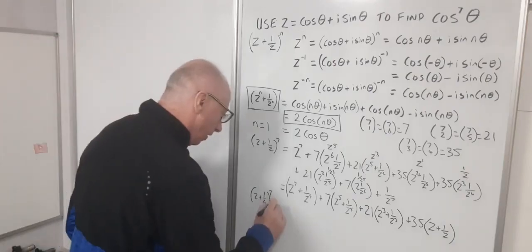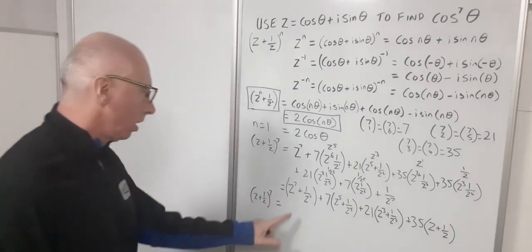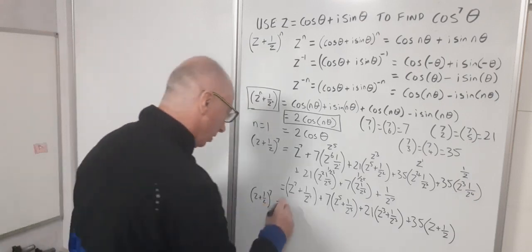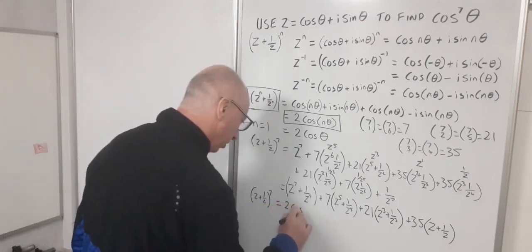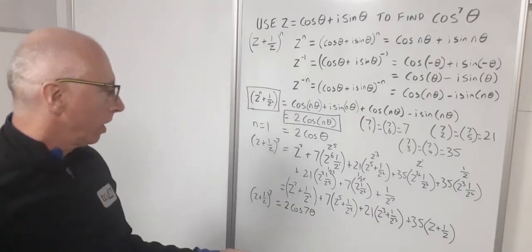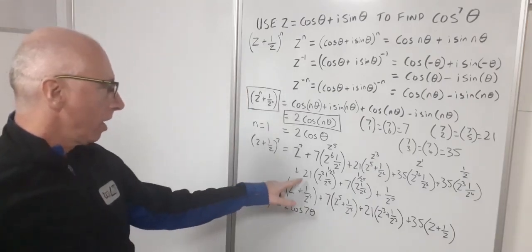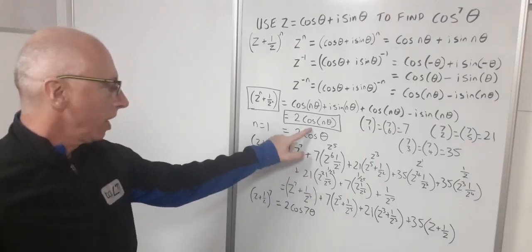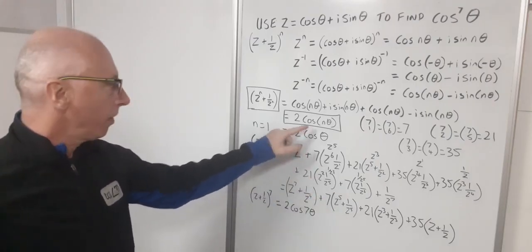So then that will give me 2 cosine 7 theta. Okay, now what have I got next? I've got this one here, z to the 5 plus 1 over z to the 5. So that's going to give me 2 cosine 5 theta.